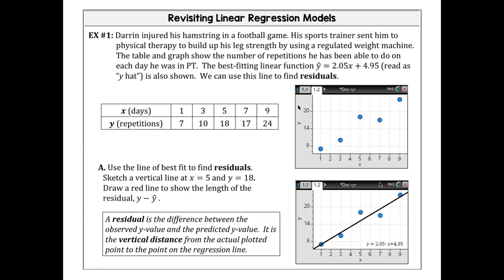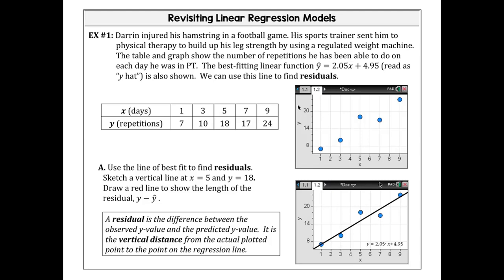All right, so if you have your calculator out, we're going to go ahead and create our data. It says Darren injured his hamstring in a football game. His sports trainer sent him to physical therapy to build up his leg strength by using a regulated weight machine. The table and graph show the number of repetitions he has been able to do on each day he was in PT.